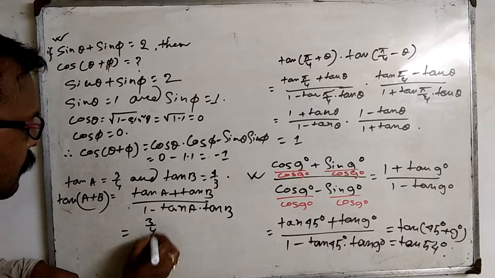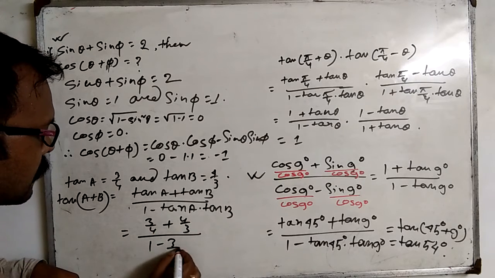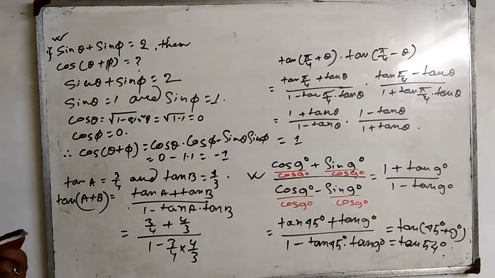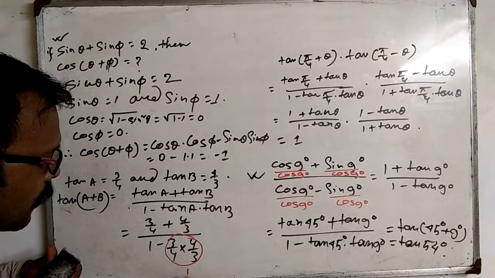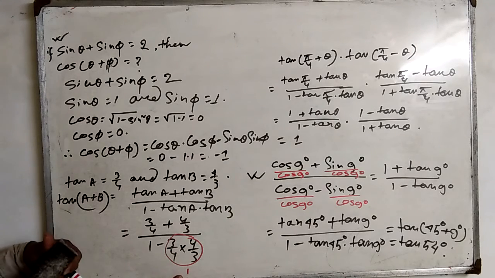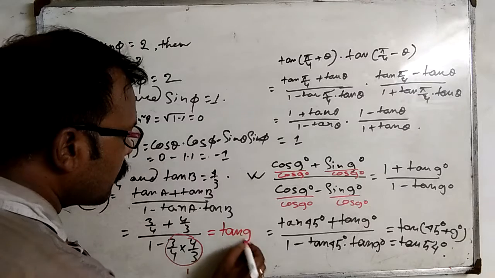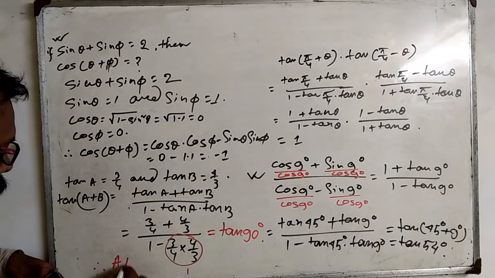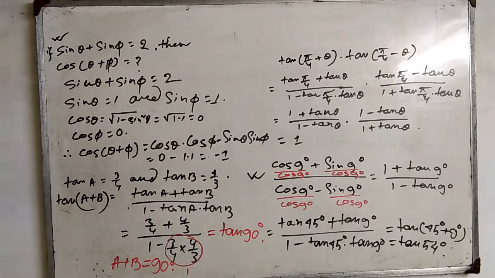So that equals 3 by 4 plus 4 by 3 divided by 1 minus 3 by 4 into 4 by 3, that is 1. So 1 minus 1 is 0, so it is undefined, and that is tan of 90 degree. Therefore a plus b equals 90 degree. So easy. Understand?